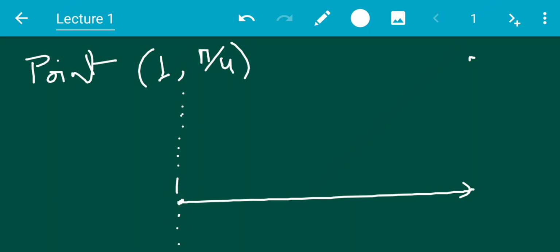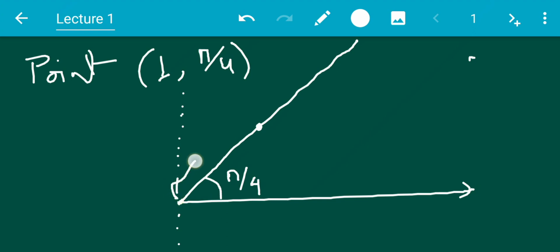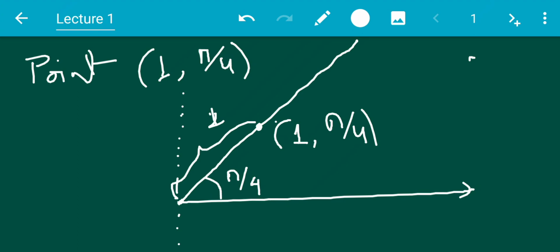When you halve it, this is 45 degrees, so this is your angle pi by 4. Now you find the point at which this length is 1. If I put the point here, then this length is 1, so this is (1, pi by 4). This is how we locate points in the polar coordinate system.